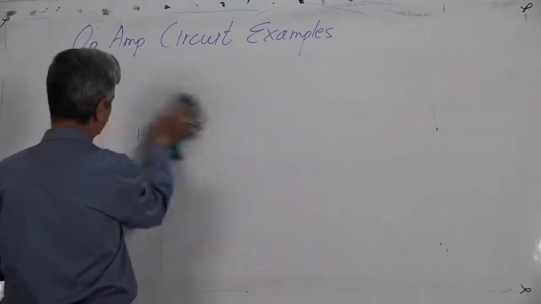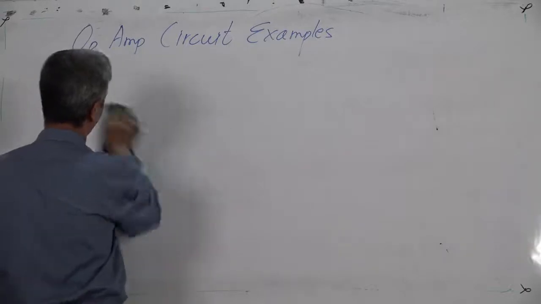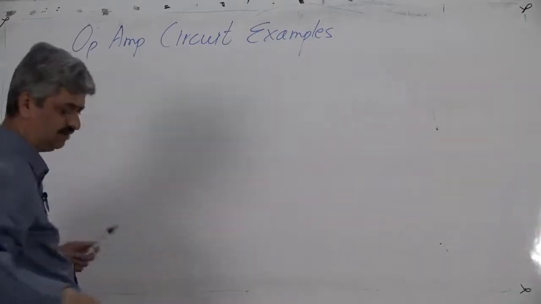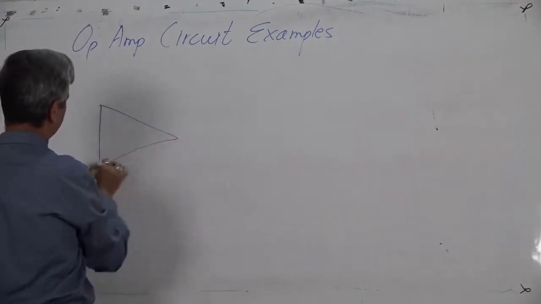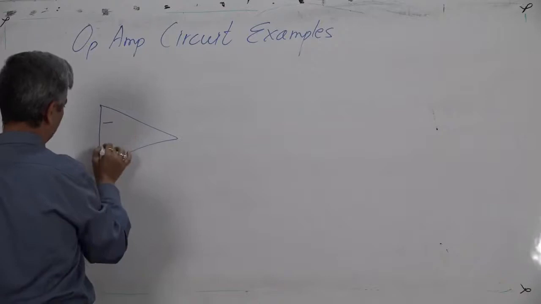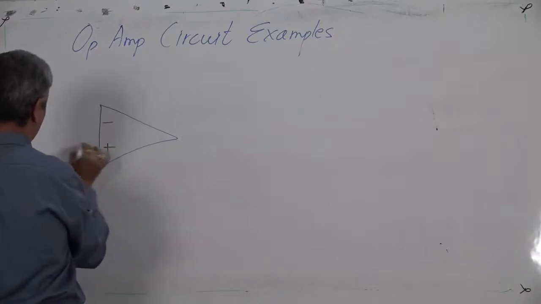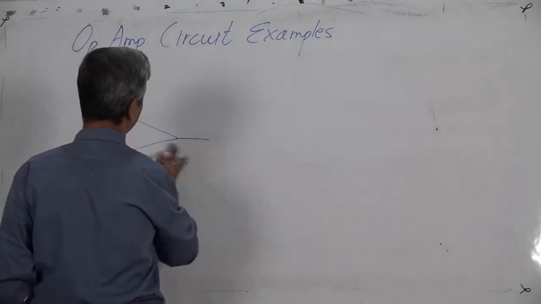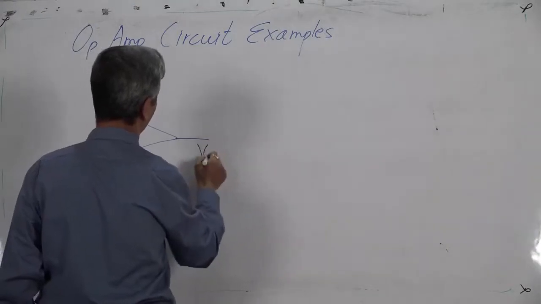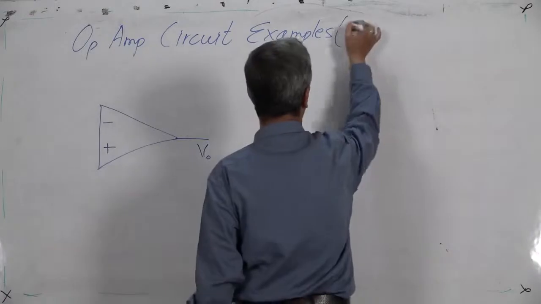Thumb rules have already been given, and based on that you are supposed to proceed. Calculate potential at inverting, then calculate potential at non-inverting, transfer to inverting, that is all. When I say example, it is numericals.